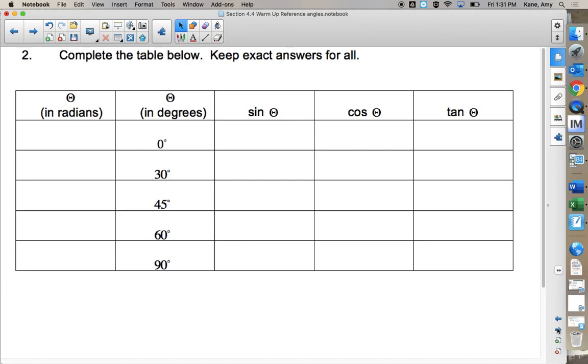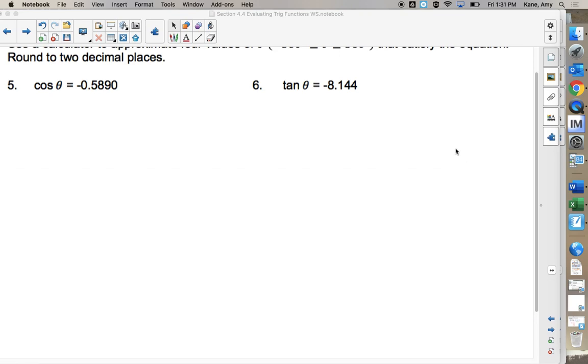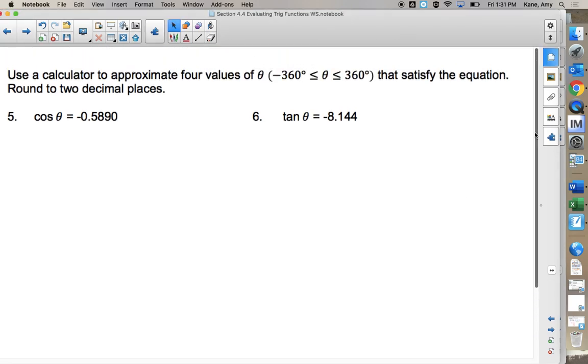All right, so if you look at the worksheet and looking at number 5. So number 5, use the calculator to approximate 4 values of theta between negative 360 and positive 360. If that number is in degrees, then your calculator mode should be in degrees.